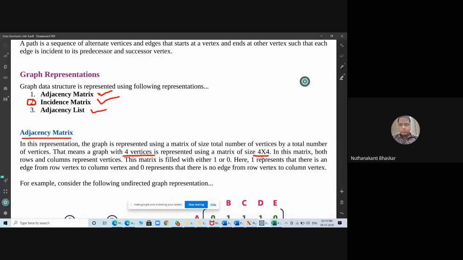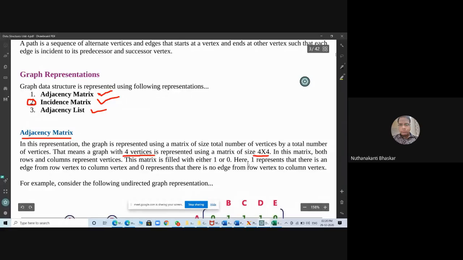Now we know the size of the matrix. Now, what values do we have to fill? In this matrix, both the rows and columns must correspond. Now, you need to fill 1 or 0 for each row-column value, each index value.